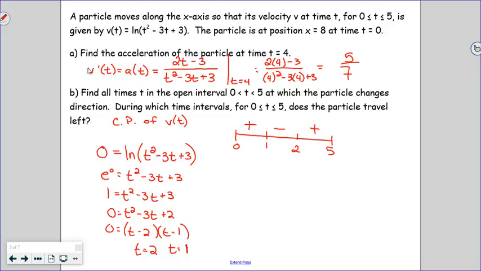So the first question is, find all times at which the particle changes directions. Now, it didn't ask us specifically which direction, which is going to impact how I justify this. It changes directions at time equals 1 and time equals 2. Why did I say that it changes directions at those times?